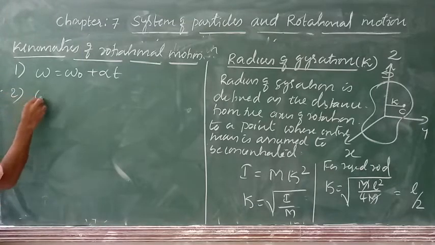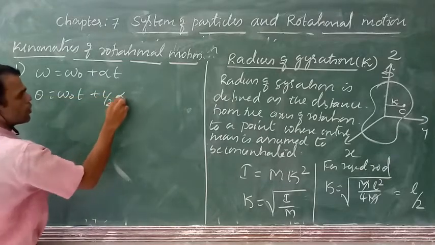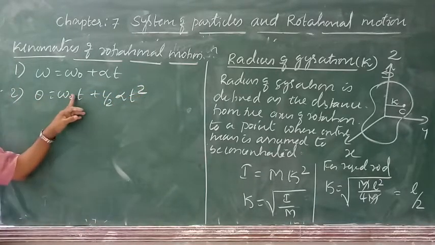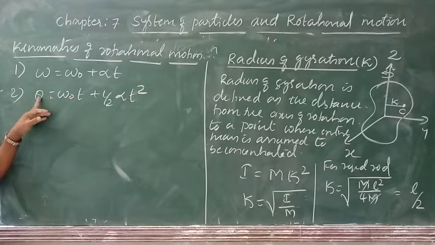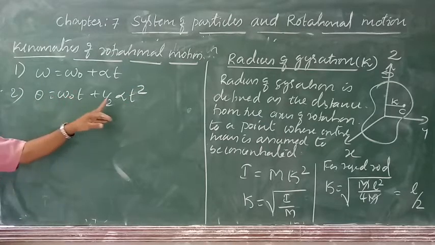The second equation is theta is equal to omega naught t plus half alpha t square. This is the second equation of rotational motion, with theta the angular displacement, omega naught the initial angular velocity, and alpha the angular acceleration.